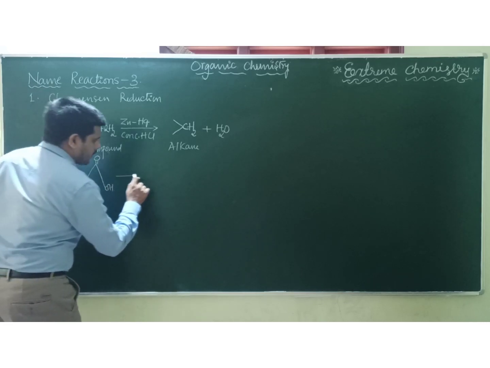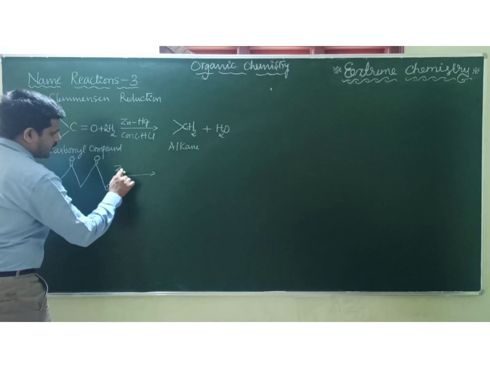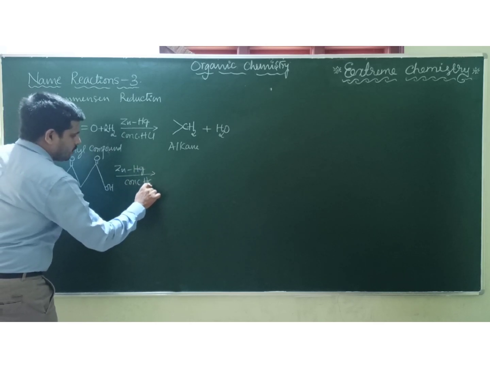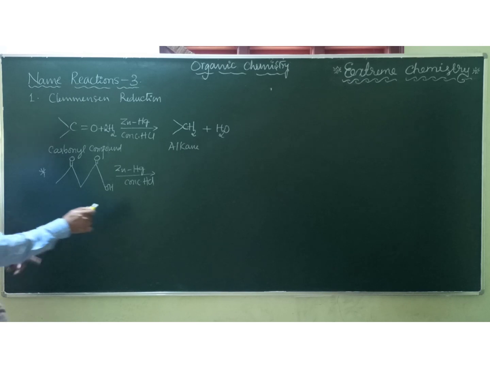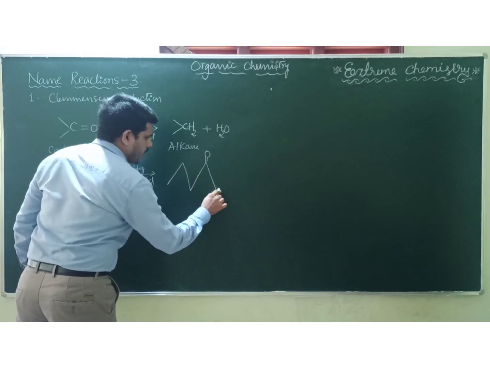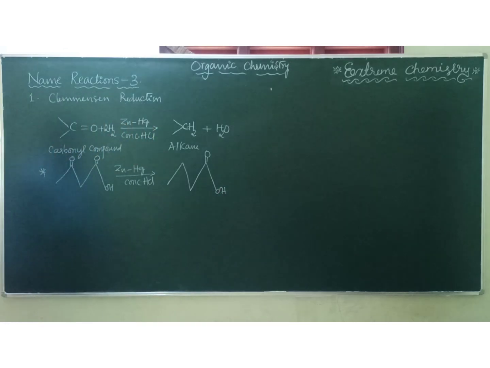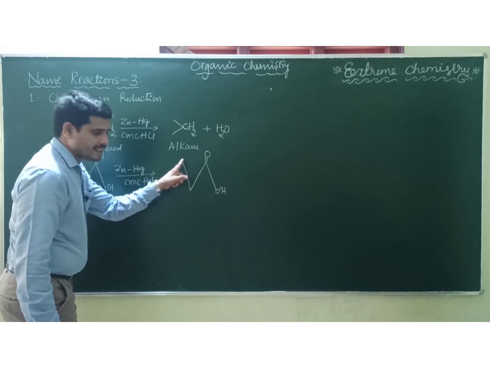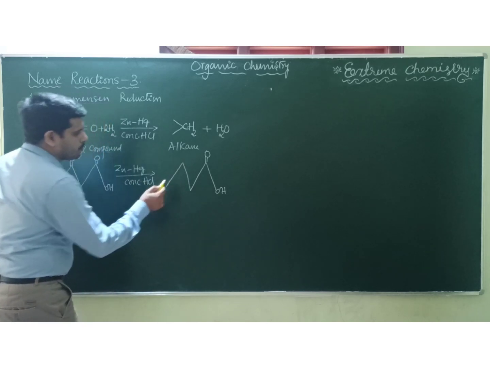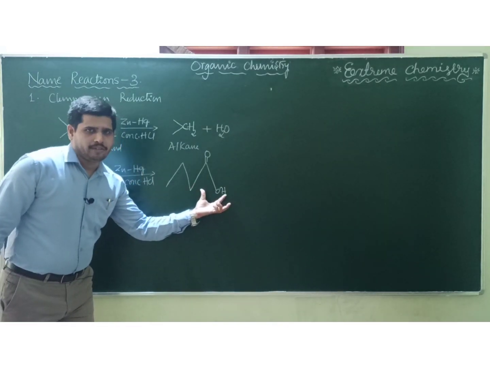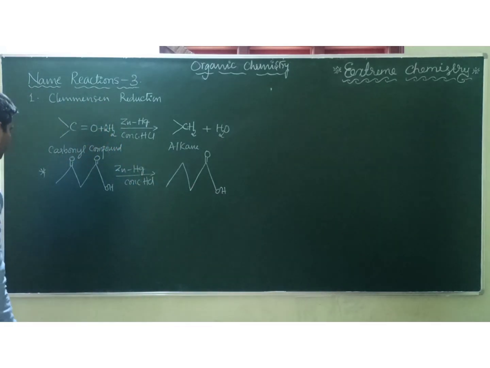When I carry out this reaction in the presence of zinc amalgam and concentrated HCl, of course, which will supply hydrogen, the obtained product is this, with double bond O and OH. Did you observe now? The carbonyl carbon atom is reduced to CH2. The carbonyl carbon has been reduced, however the carboxylic acid is retained. So, a very important point.